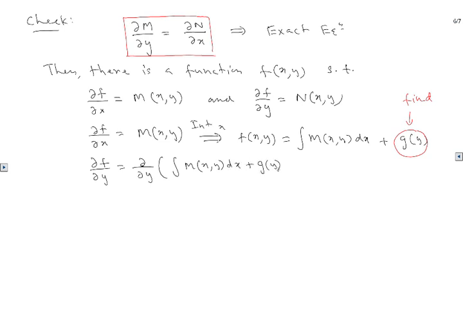But once you do that, this g(y) simply becomes g prime, so we can take it out, and you know that this should be exactly equal to the N(x,y) function. So what we normally do is we set them equal, and then solve for g prime of y. That's how we do it. We solve for g prime of y, and then after you do that, we're going to take the integral.